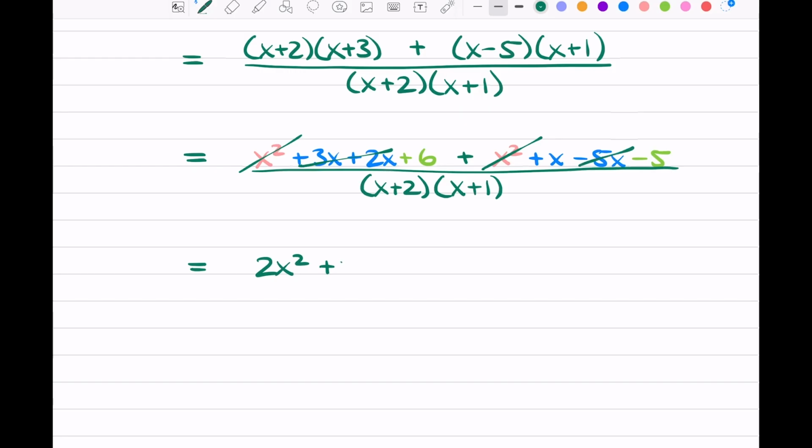And we have 1x left over. We can cross that out. And then 6 minus 5 gives us 1. Our expression on the top does not factor, so we've simplified this as much as we can.